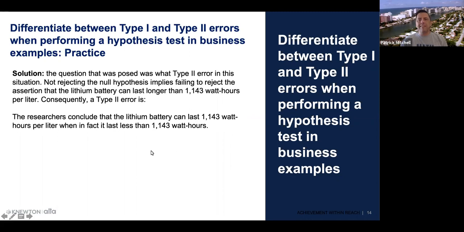So in other words, they would be selling a battery that does not last as long as maybe the packaging says it does, or that advertising says it does. So you'd have some angry consumers if they committed a type 2 error. They would be accused of false advertising.